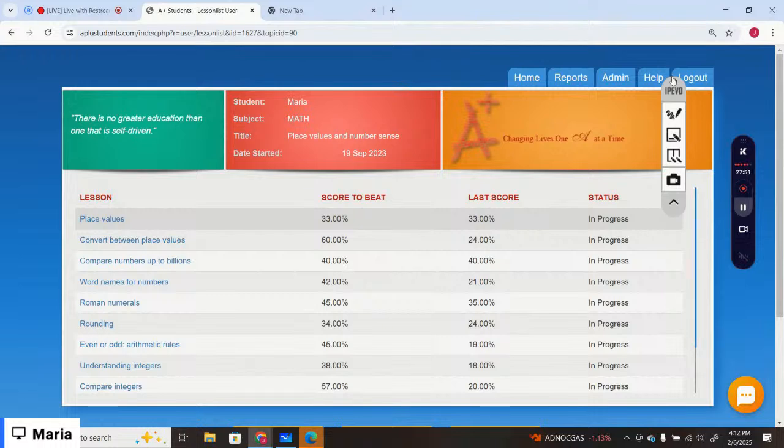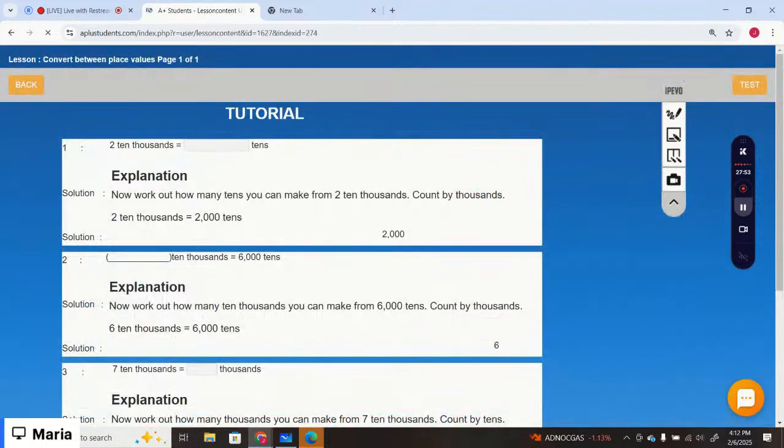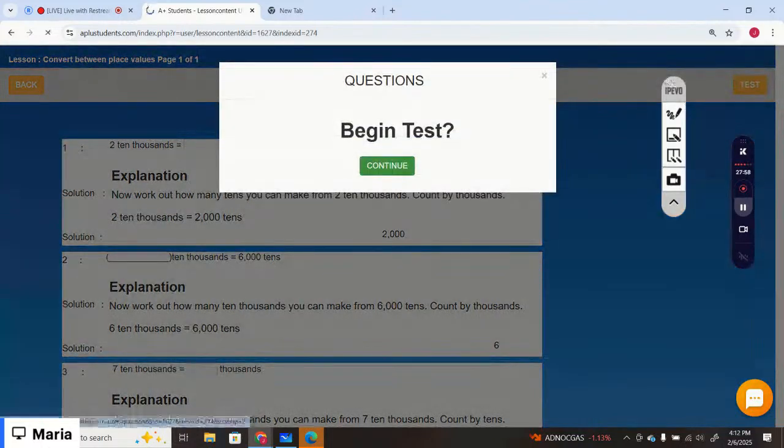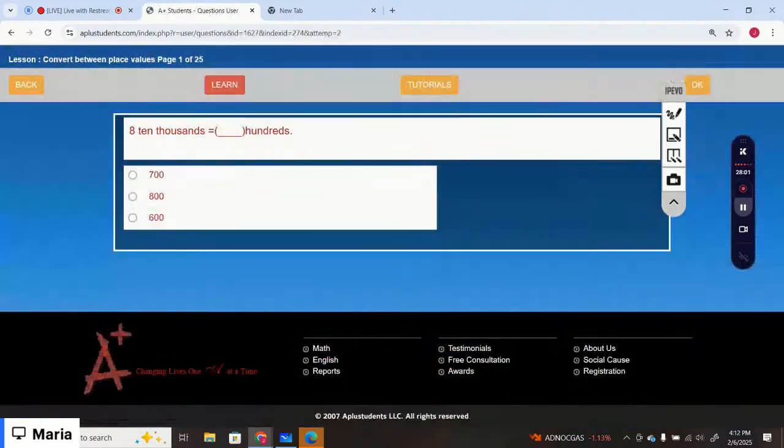The next lesson is convert between place values. Let's just start with the lesson. So I'm going to start with the test questions. 8 ten-thousands. How many hundreds in 8 ten-thousands?